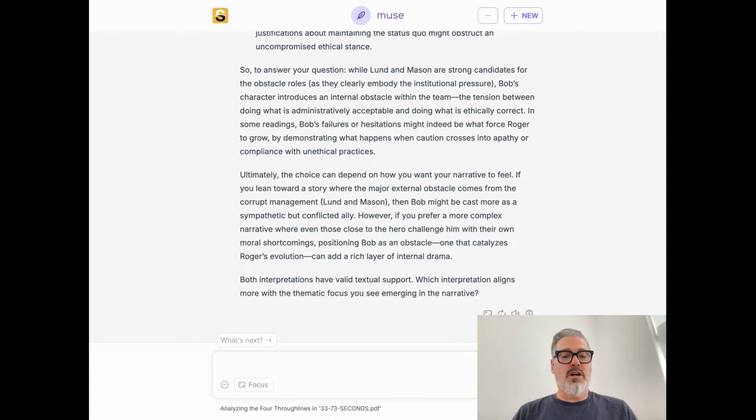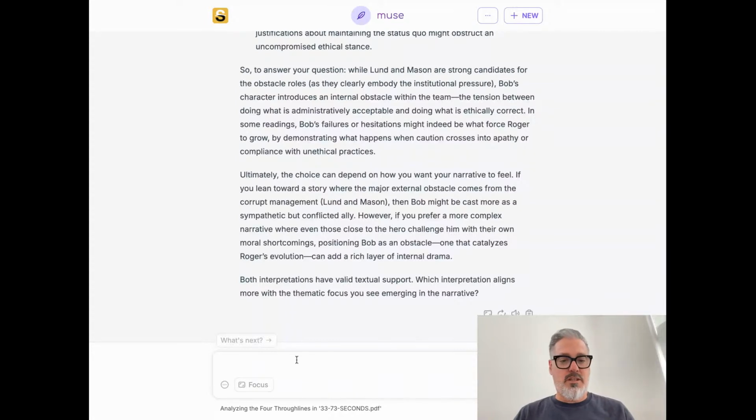If you prefer a more complex narrative where even those close to the hero challenge him, I mean, that's most narratives. So I don't know if it's more complex. Both interpretations have valid textual support. Which interpretation aligns more? Okay, cool. And then you'll see I just mark it with the little focus logo so you know which one is which.